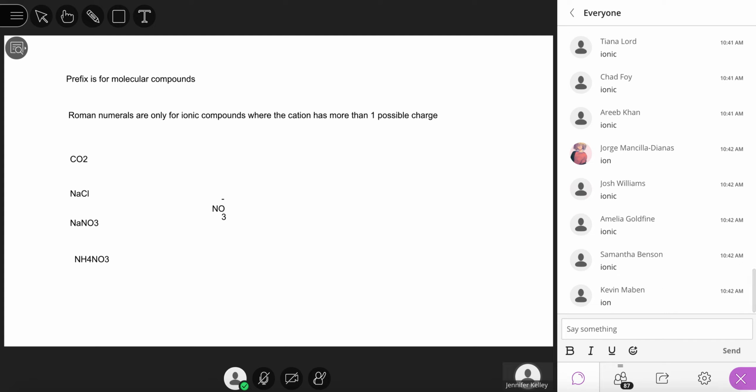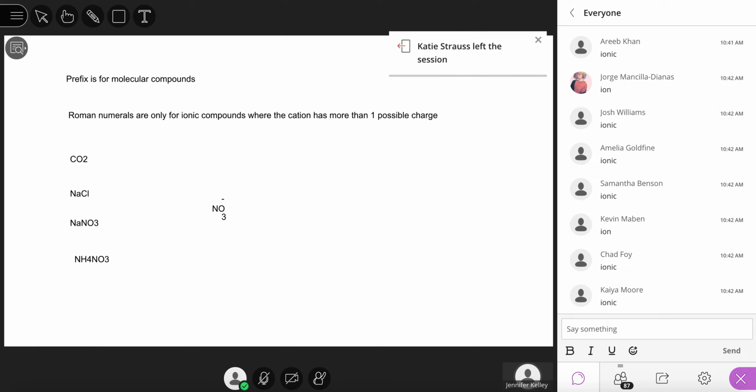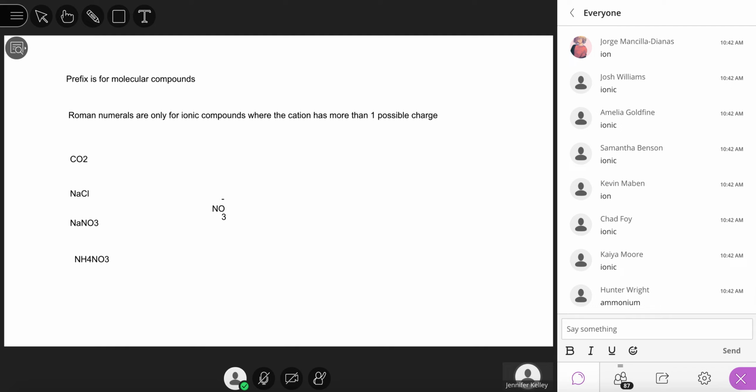This one is ionic. It looks like it will be molecular because you have NH4, and those are all nonmetals, and NO3, those are all nonmetals. But this one's a little tricky because you have NH4, and that would be NH4 plus.